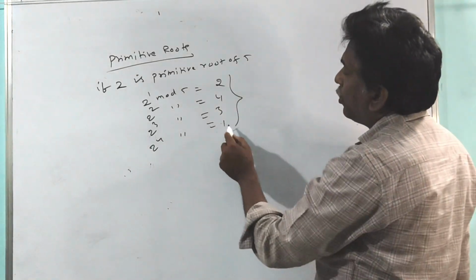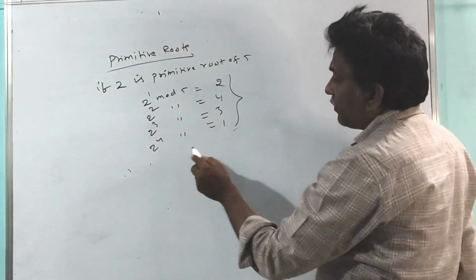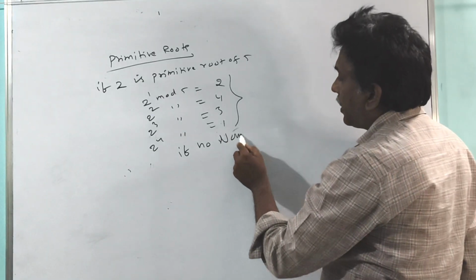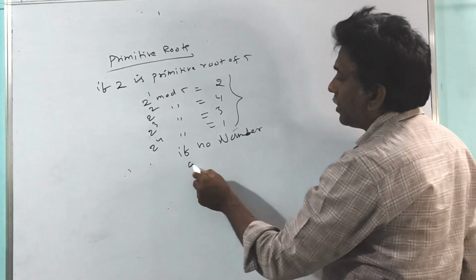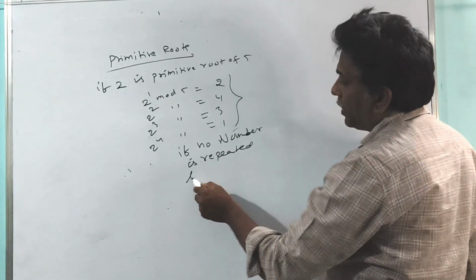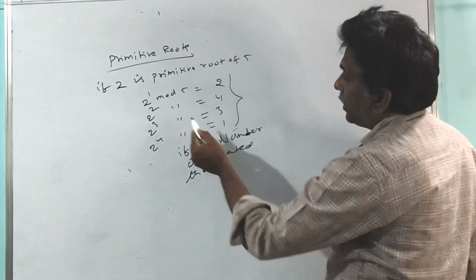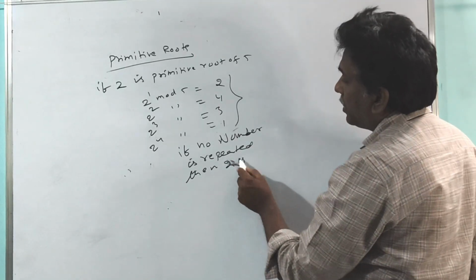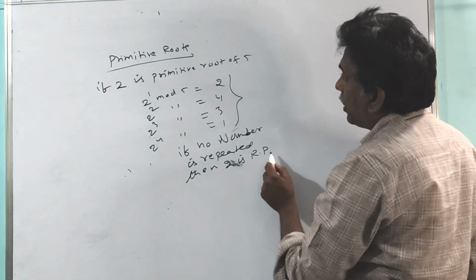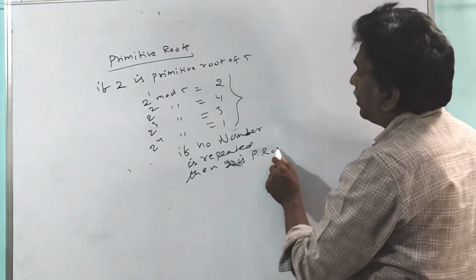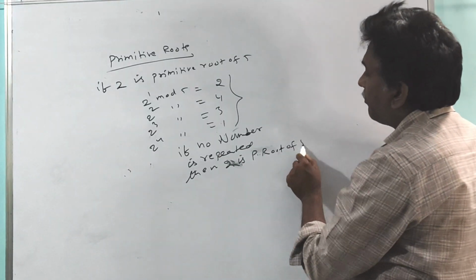So if you observe here, no number is repeated. So if no number is repeated, then 2 is a primitive root of 5.